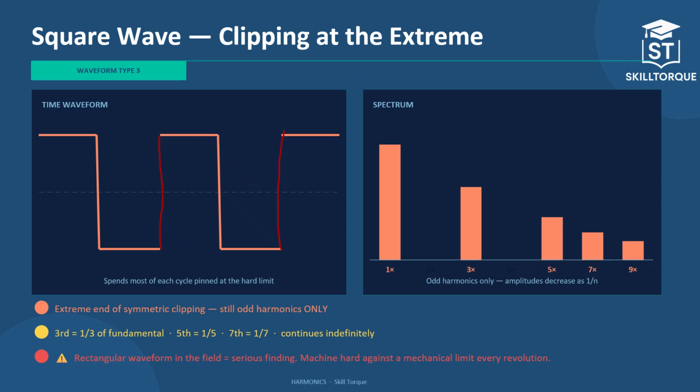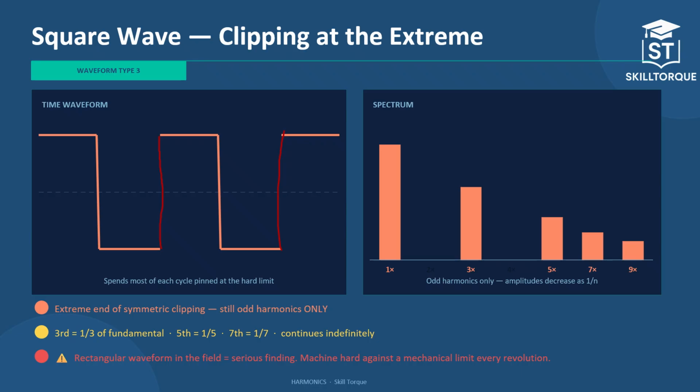We will not see a perfect square waveform normally in real machines, right? But when a waveform starts approaching a rectangular shape, that is a serious finding. It will be a very rare case, something serious is happening. One side gets a very hard punch, and the downside also a very hard punch.